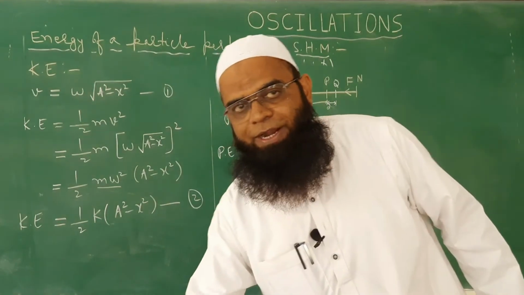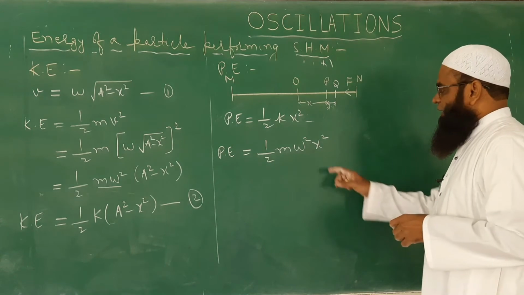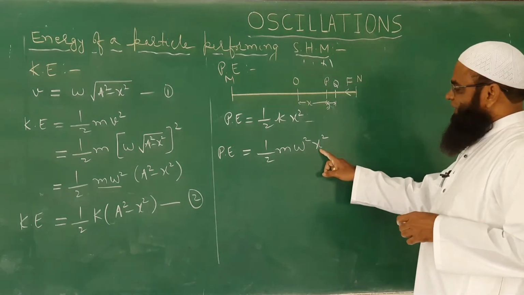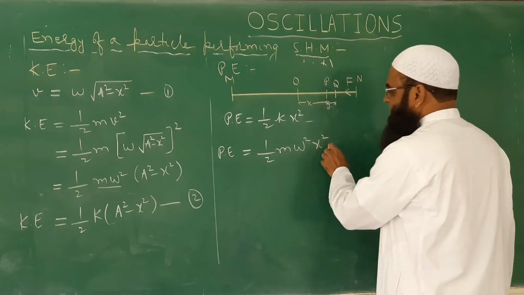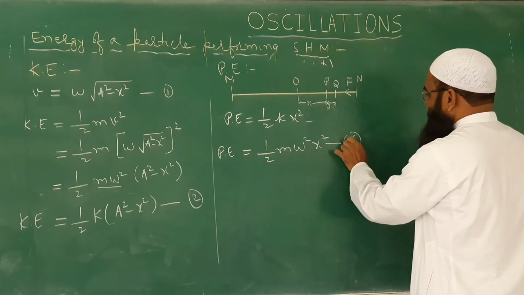Similarly, we know at time t, the value of displacement is x equals a sin(omega t plus phi). Let us give it equation number 6.